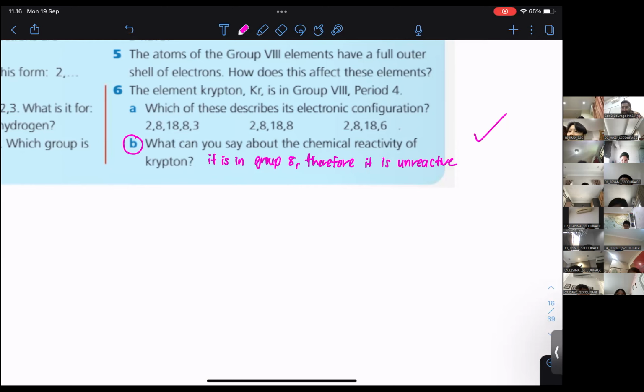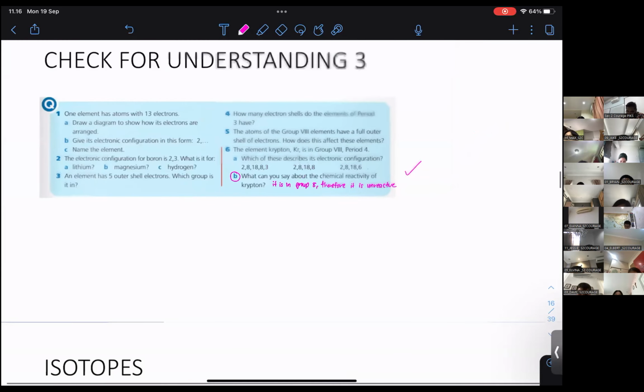There is no need for the electrons to go away. There is no need for the electrons to come in. There is no way that can happen, because it's all complete. So if it is all complete, we call it unreactive. So this is going to be up to there.